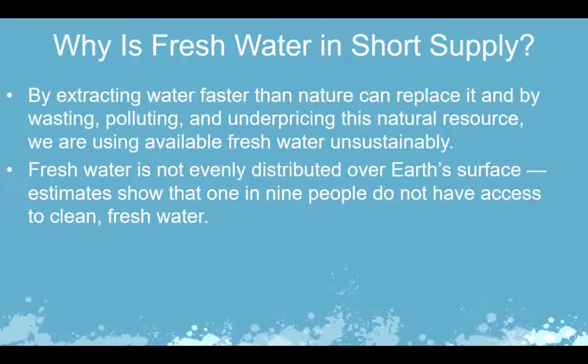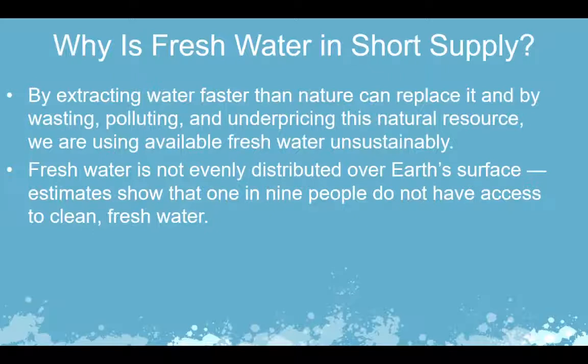So we have to ask ourselves, with as much of our planet being covered in water and as much surface water as there seems to be, why is fresh water in short supply? Well, by extracting water faster than nature can replace it, and by wasting, polluting, and underpricing this natural resource, we are using available fresh water unsustainably. And I know we all like to say, well, I'm not.